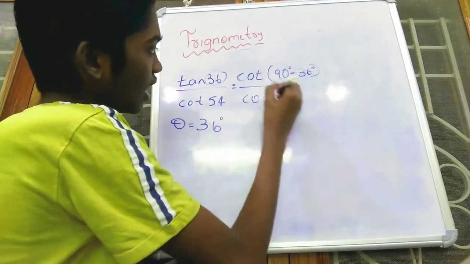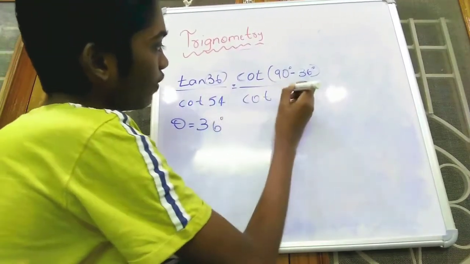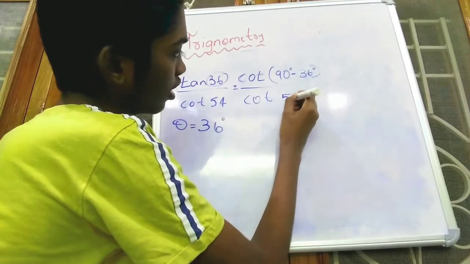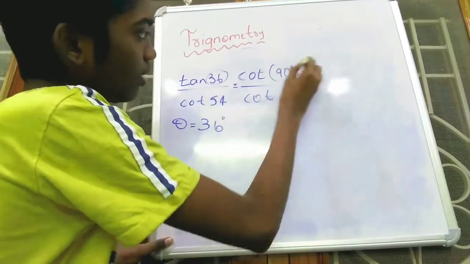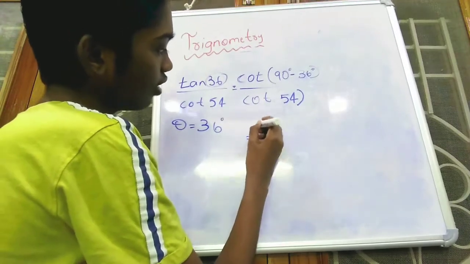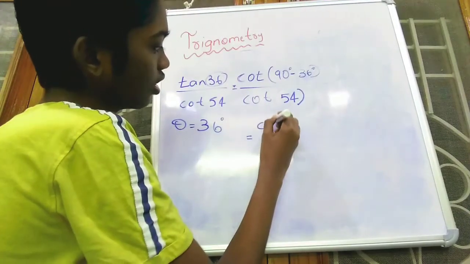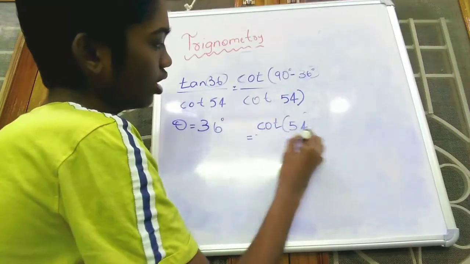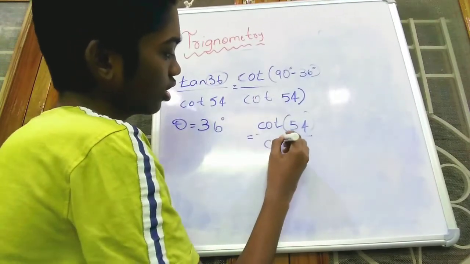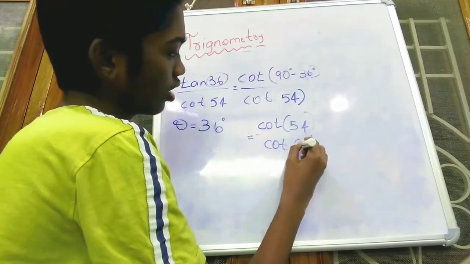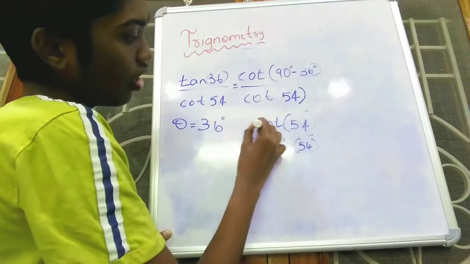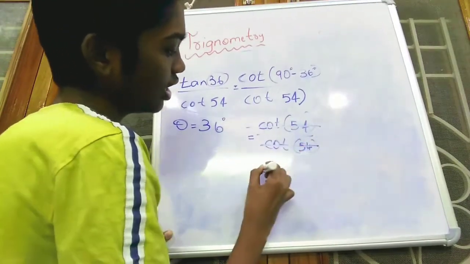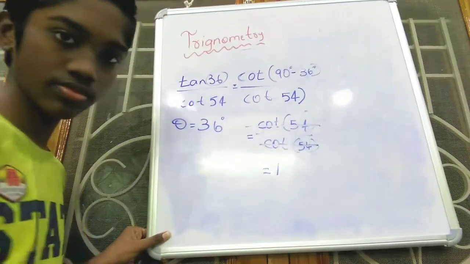So we have to take exactly as we changed one, cot of 54 exactly. So 90 minus 36 is equal to 54, cot as it is, cot 54 by cot 54 as it is. Cot 54 and cot 54 get cancelled and the answer will be equal to 1.